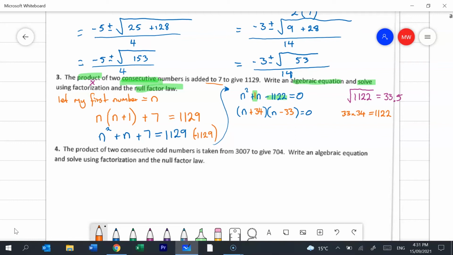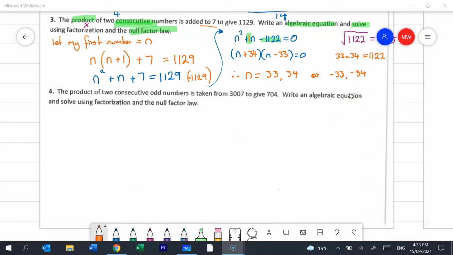That means that, therefore, n is 33 and 34, the two consecutive numbers, or minus 33 and minus 34.